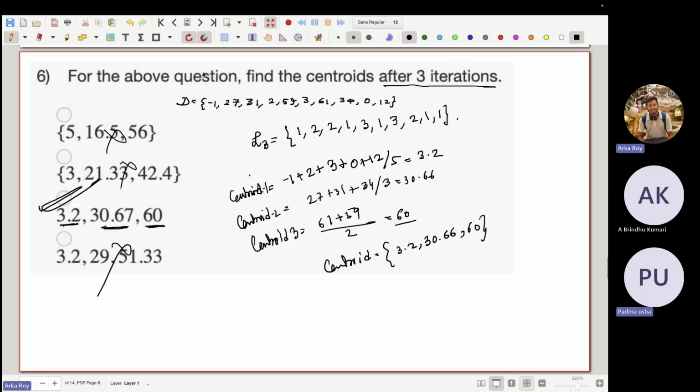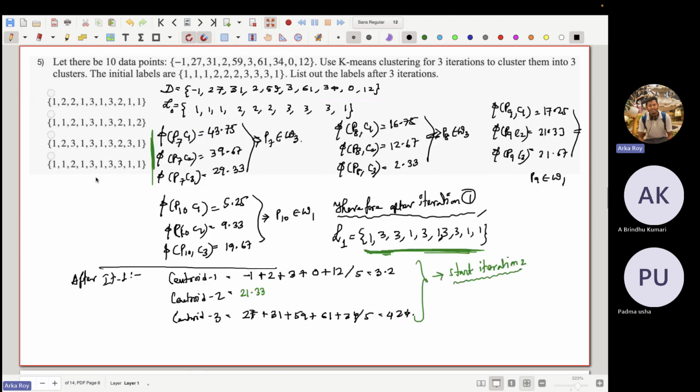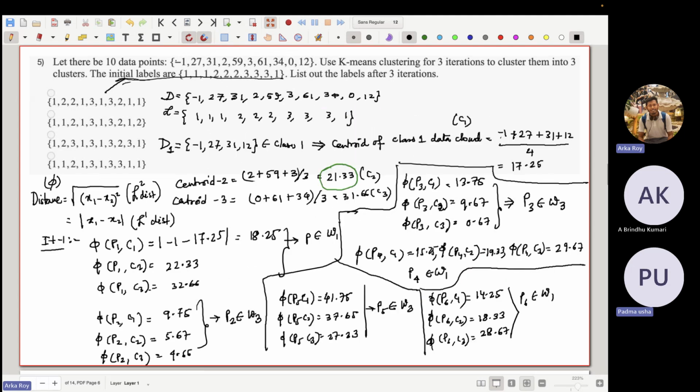So for that, what a computer algorithm does is it initializes the labels randomly. The computer algorithm generates an initial label randomly. It may choose, let's say, 1, 2, 1, 3, something like that. It can choose a random sequence, and through this random sequence, you start solving the clustering problem through an iterative process.